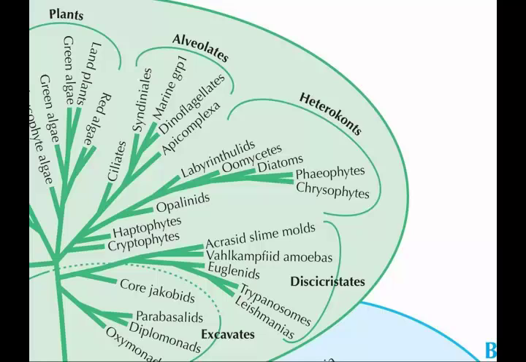By the way, everything in the green here, those are all eukaryotes. Remember we talked about there's two kinds of cells, eukaryotic cells and prokaryotic cells? So let me go back here. Everything up here is a eukaryote. So that's why all of these are kind of lumped together. They all have a nucleus. Everything down here is a prokaryote, meaning they don't have a nucleus.